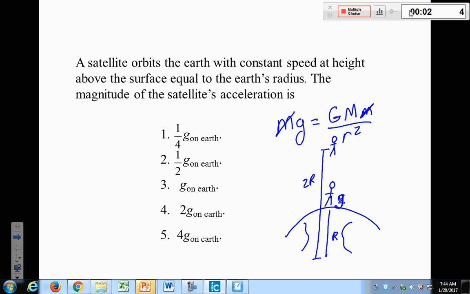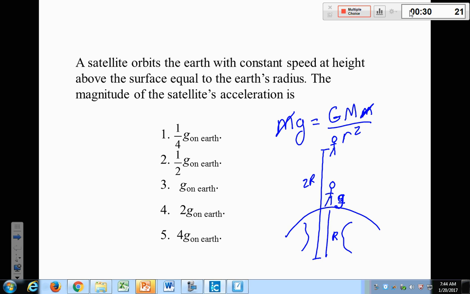Before you were split between either 1 or 2, or A or B, a quarter or a half. Rethink your answer. Ask your neighbor what they put maybe. If I double r, what happens to the acceleration? You are correct that it is going to get smaller. The acceleration due to gravity at higher altitudes is less than what it is at the surface, so that's good.